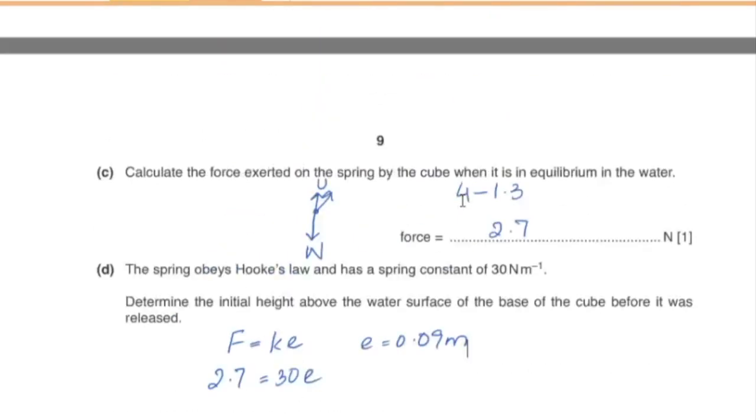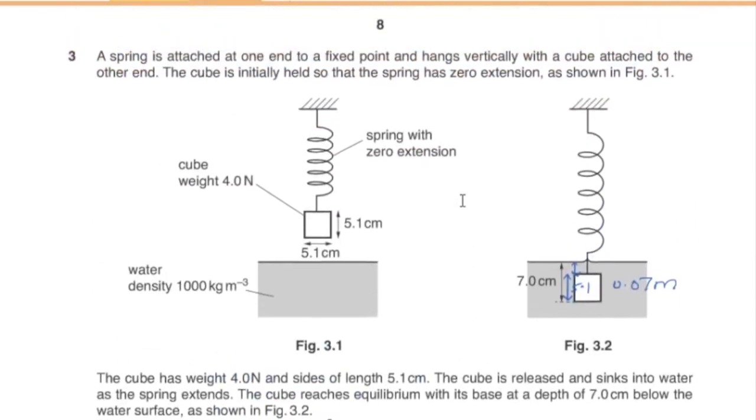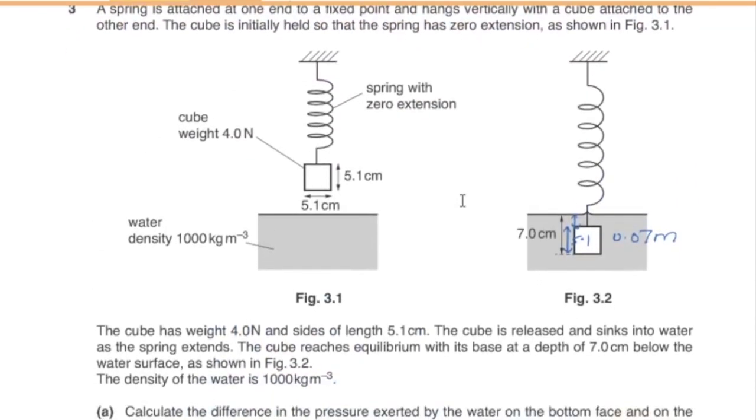This means that when the cube was released, after it was held initially when the spring had zero extension, it undergoes an extension of 0.09 meters, or I should say 9 centimeters of extension. So when it reaches equilibrium, it had a total extension of 9 centimeters.